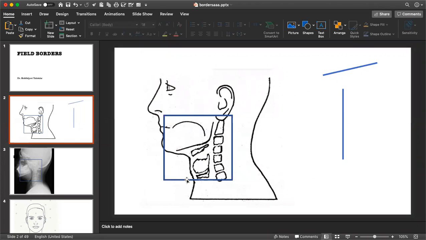So we'll be treating up to level 3. There's no need to treat level 4 unless and until there is a positive node in the neck. So you can put your lower border accordingly. If you're not treating an N0 neck, then your lower border would change.